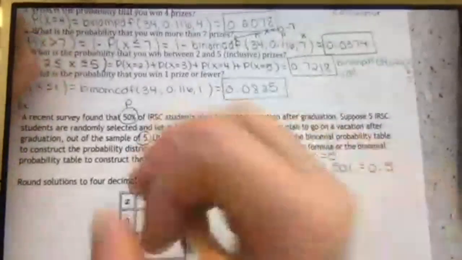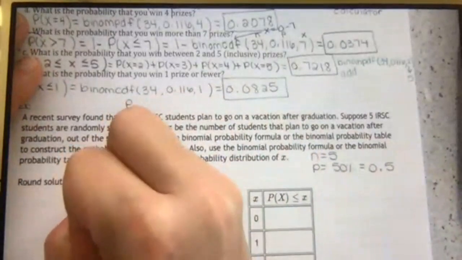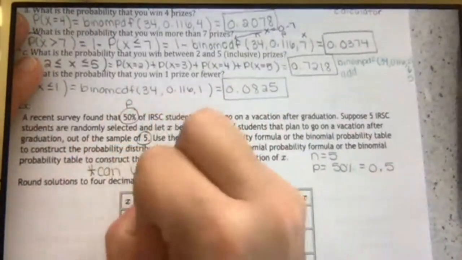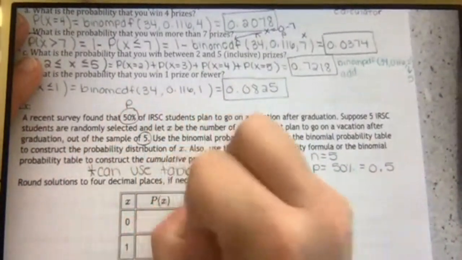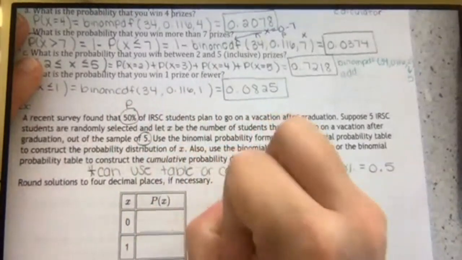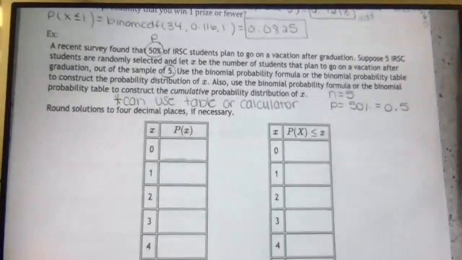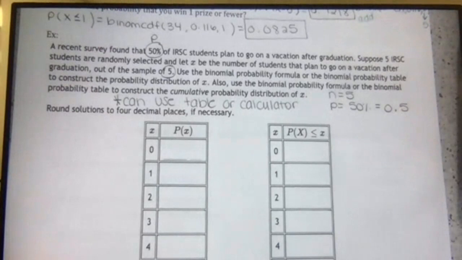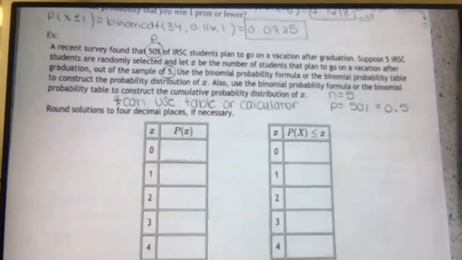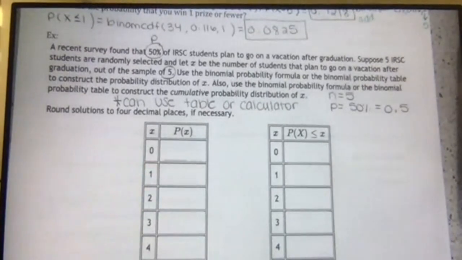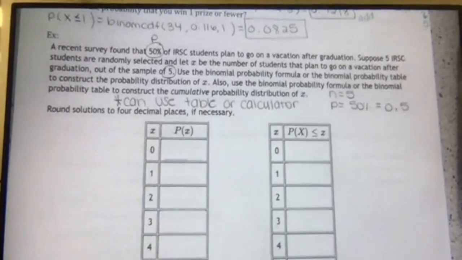I have the option. X is 0, 1, 2, 3, 4, 5. It's binomial because either they are going on vacation or not, so yes or no.